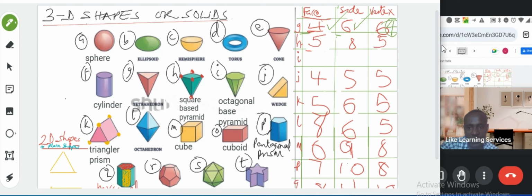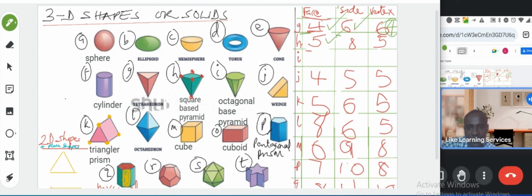So let's go to H. Let's count the faces. 1, 2, 3, 4, 5. So we have 5 faces.